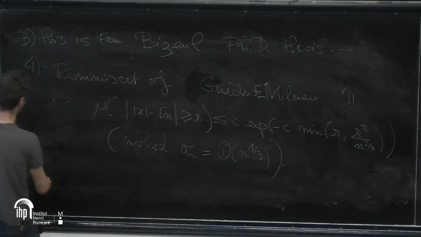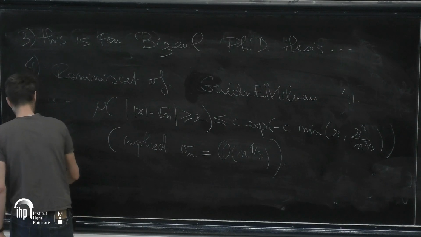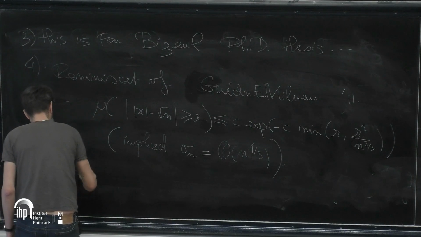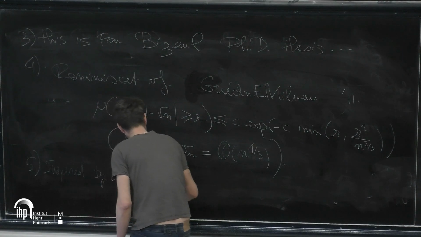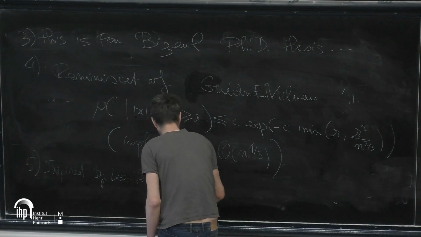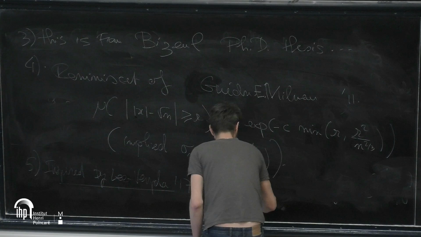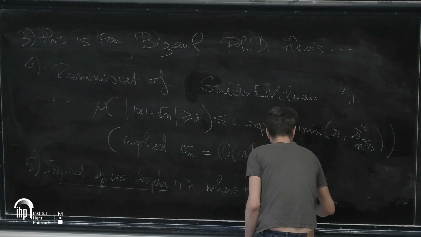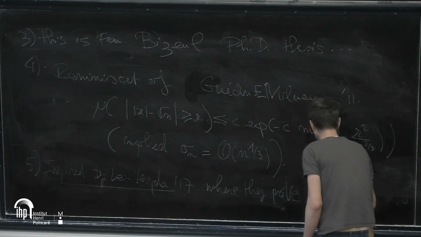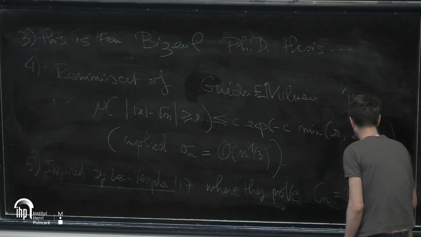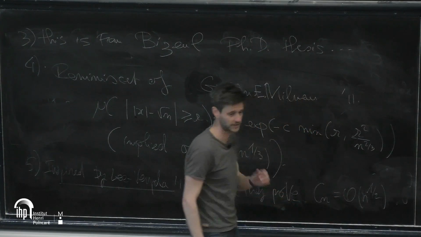While I'm at it, the work of Biesel is inspired by Lee and Vempala 2017, where they prove that the main result is that the KLS constant is at most n to the 1/2.